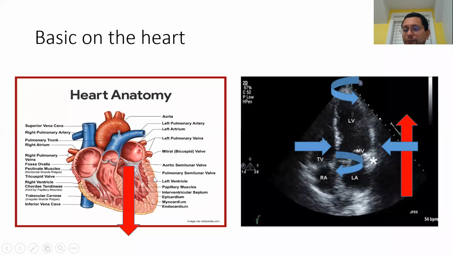For the right ventricle, the normal wall thickness is less than 5 millimeter. So anything more than 5 millimeter for the right ventricle, whether in men or women, is considered abnormal.